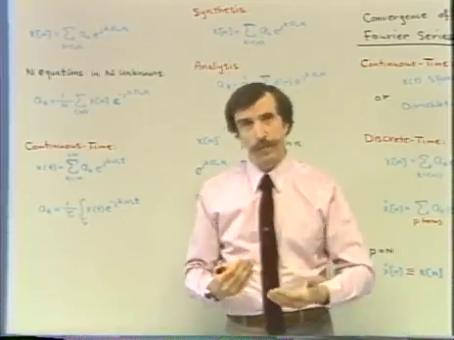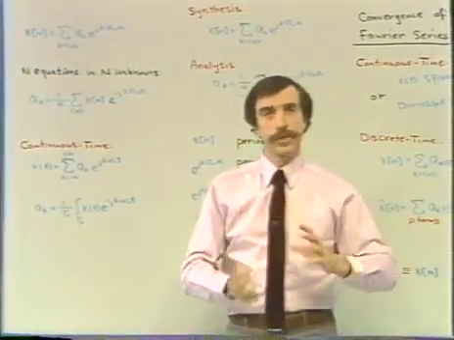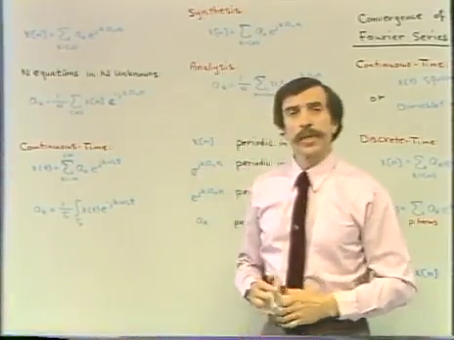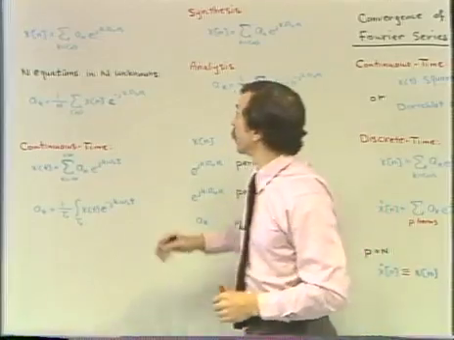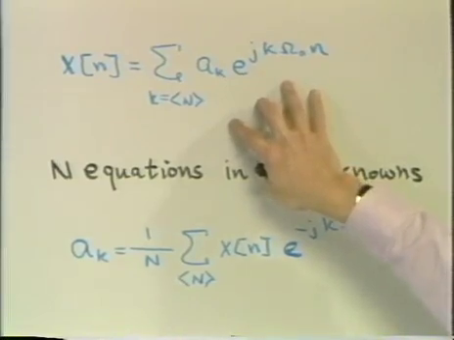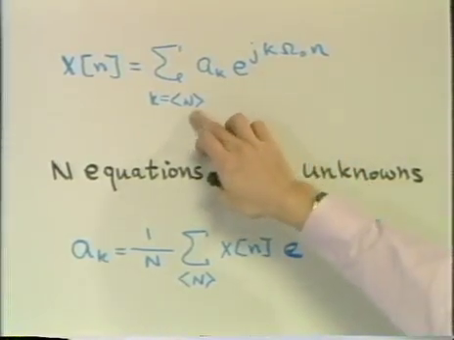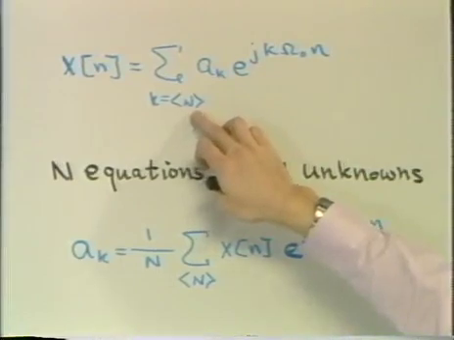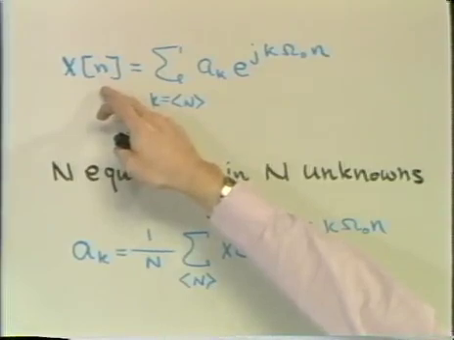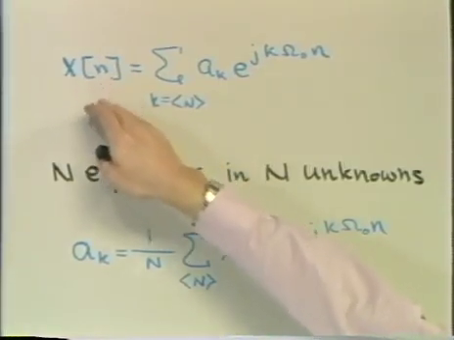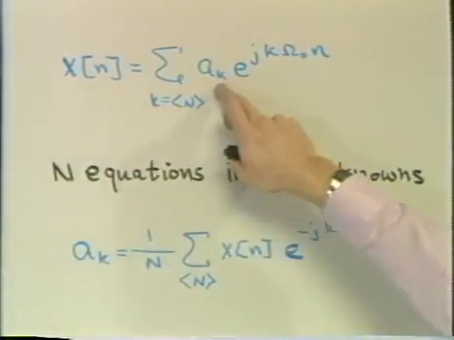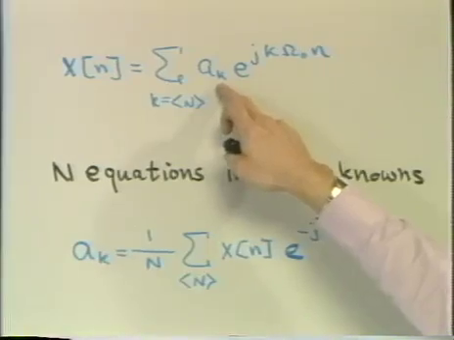We do that in the text, which involves substituting some sums and interchanging the orders of summation, etc. But let me draw your attention to the fact that this can be thought of as capital N equations in capital N unknowns. In other words, we know x of n over a period, and so we know what the left-hand side is for capital N values, and we'd like to determine these constants a sub k.